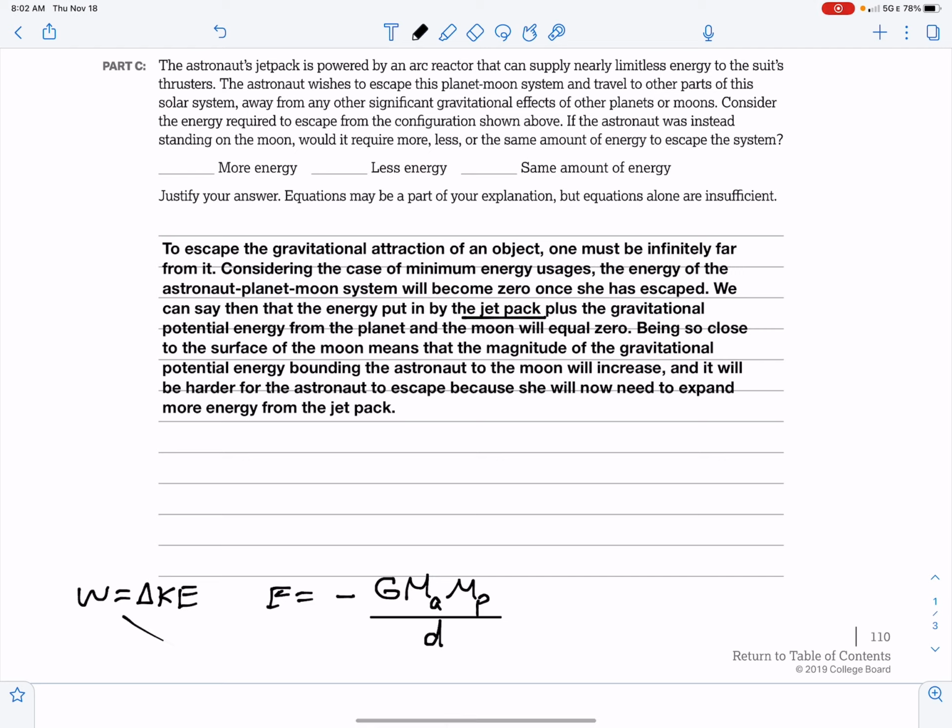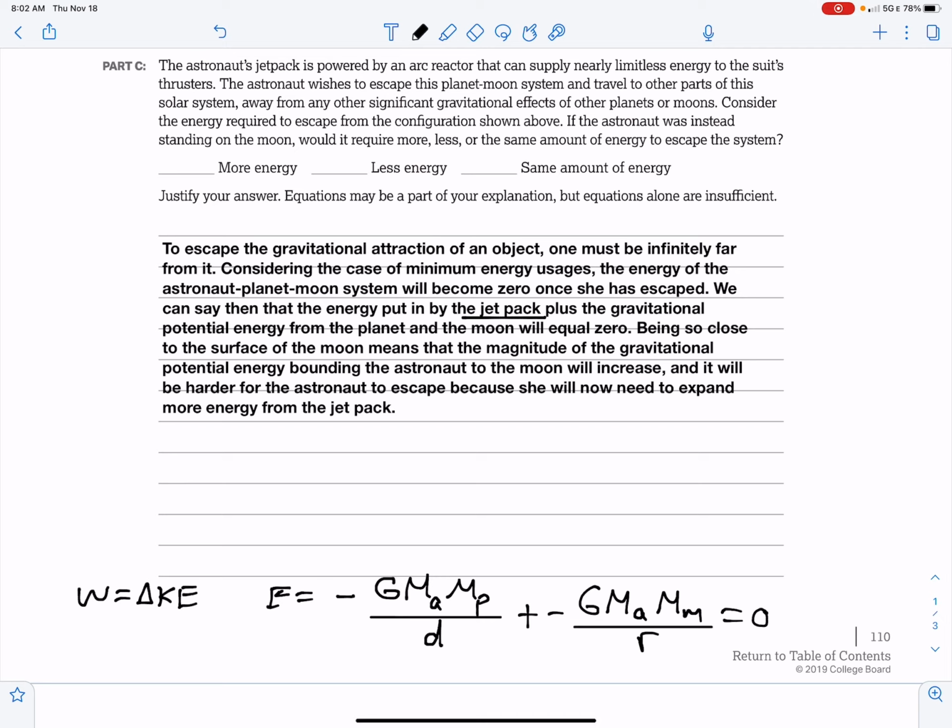That kind of represents the change in kinetic energy, the work done. Again, we'll derive that later. Plus the gravitational potential energy relating the astronaut and the moon, where r represents the distance to the moon.